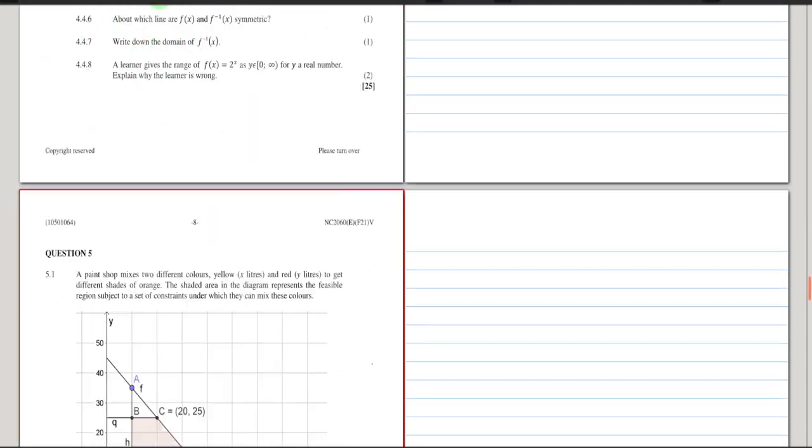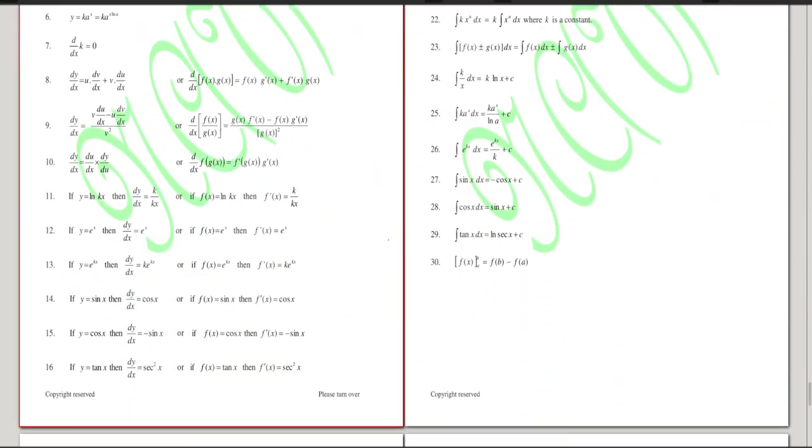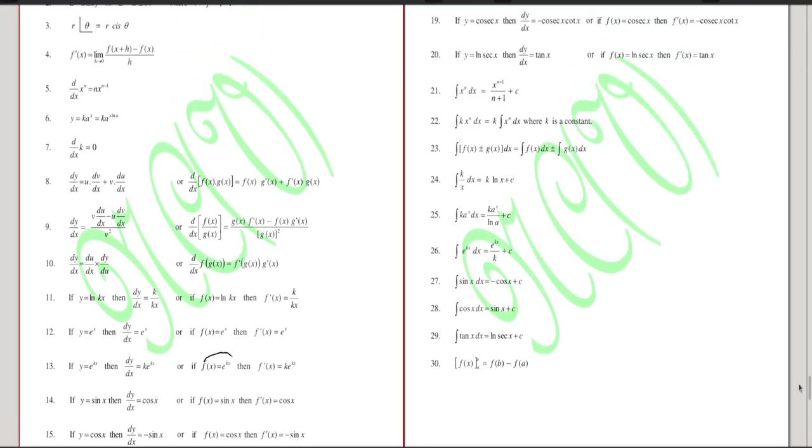So what I'm basically doing, I'm applying this. These are the formulas. Let's look at this one for instance. So 26, we have the integral of e raised to exponent kx. Whenever we integrate e raised to exponent kx, we take the k, we divide by it, and then e raised to exponent kx on the numerator.